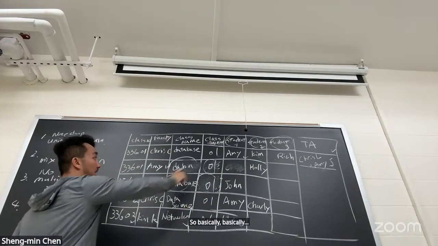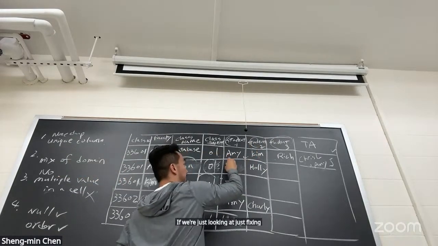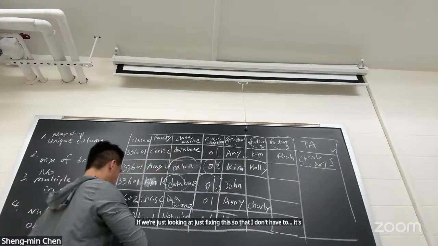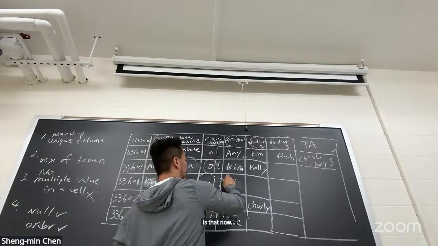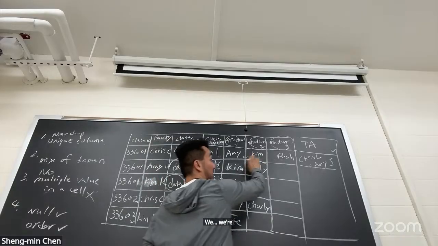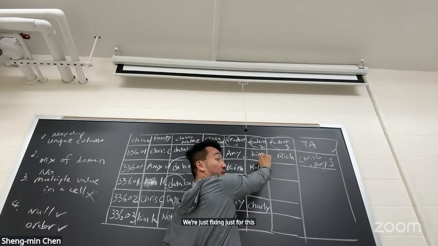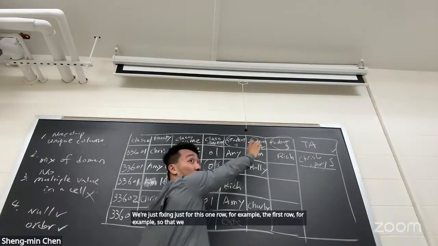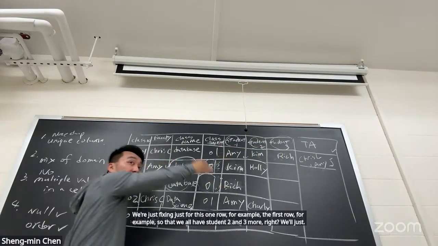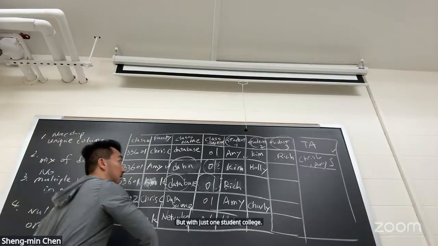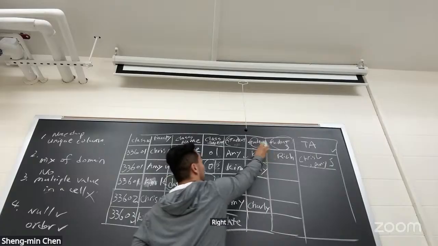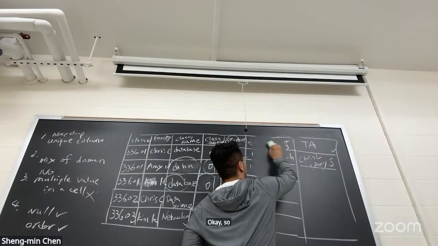If we're just looking at fixing this so that it doesn't have multiple values, that's what Jonah was saying. We're just fixing this one row, for example the first row, so that we don't have student 2 and 3 anymore. We're just making it two rows, but with just one student column. Under one column.